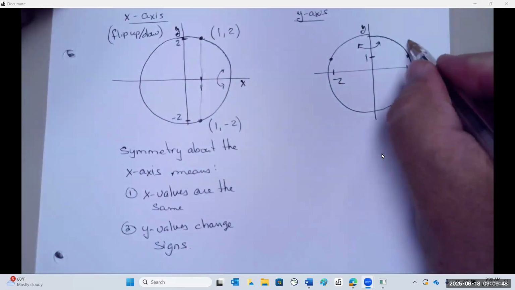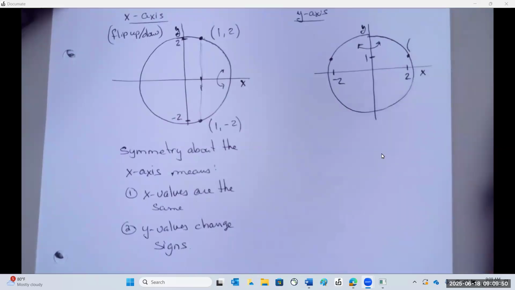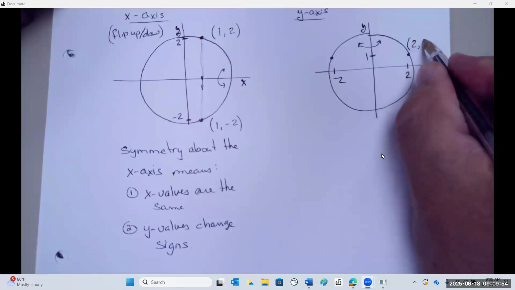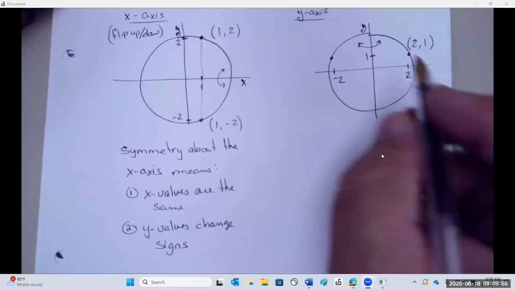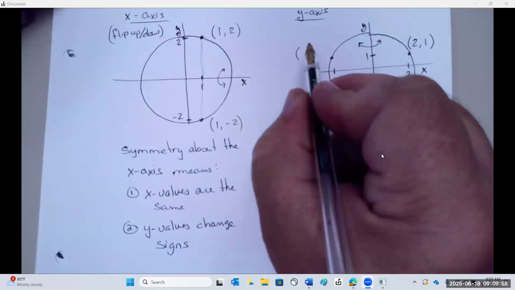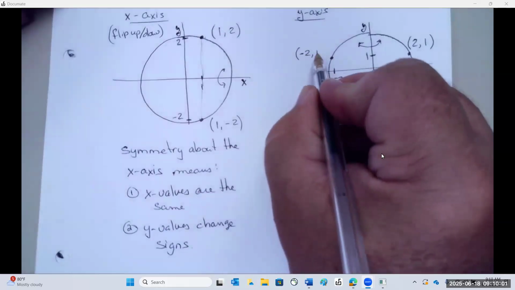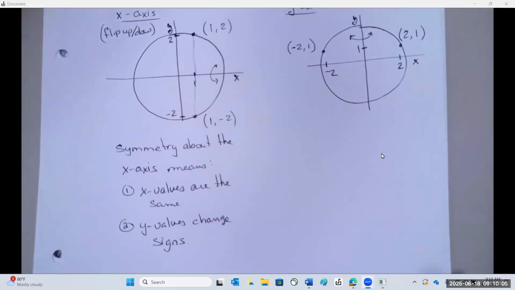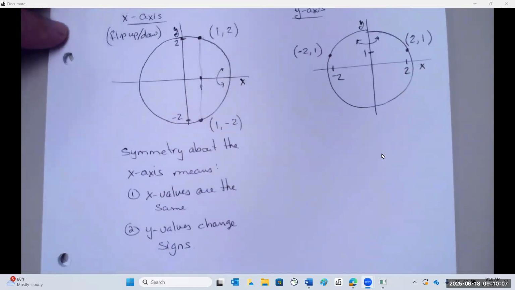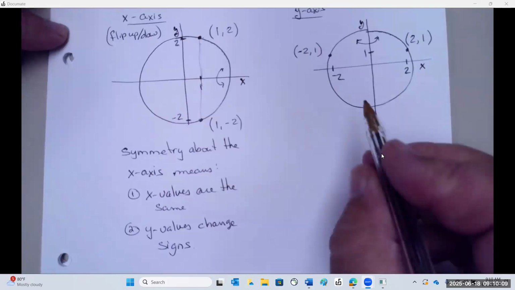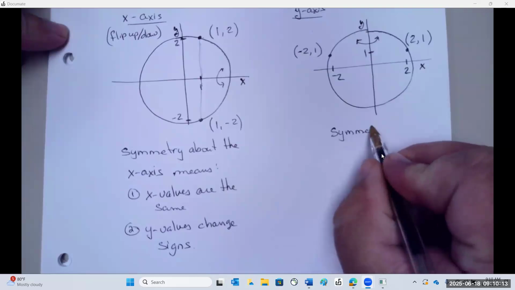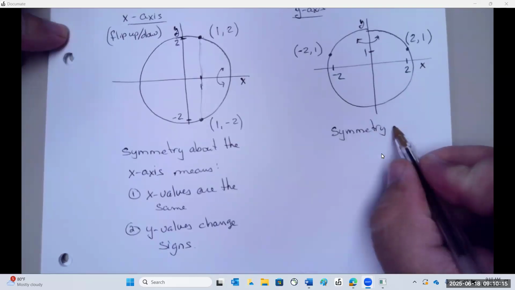So this location would be +2, +1. And so what do you notice about symmetry about the y-axis? The x values change.